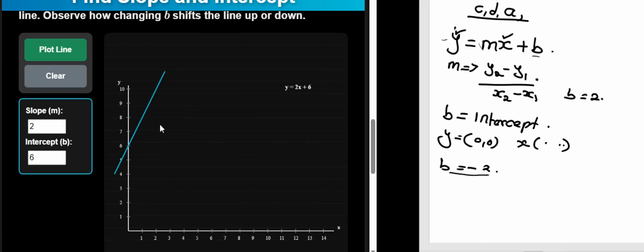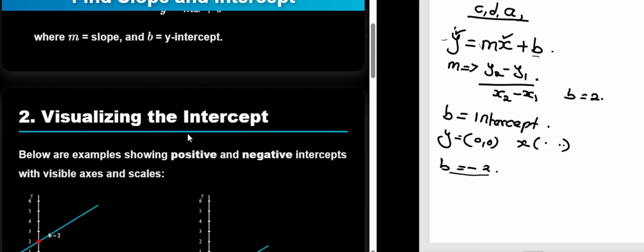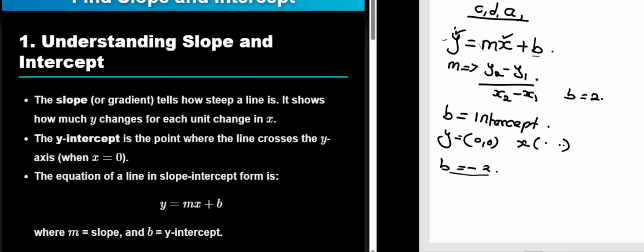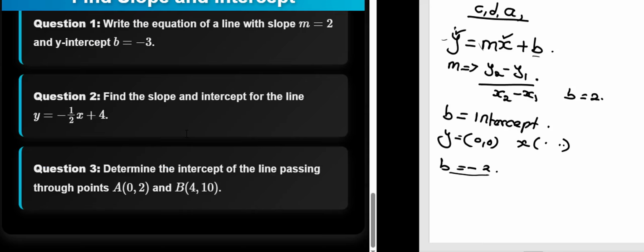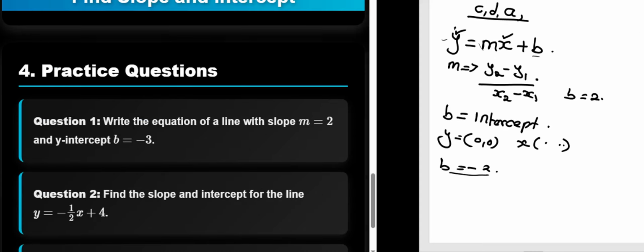So with that knowledge, can we try to solve some problems about the slope and intercept of a line? So for example, if somebody tells you to write the equation of a line with the slope m equals 2 and the y-intercept is -3.